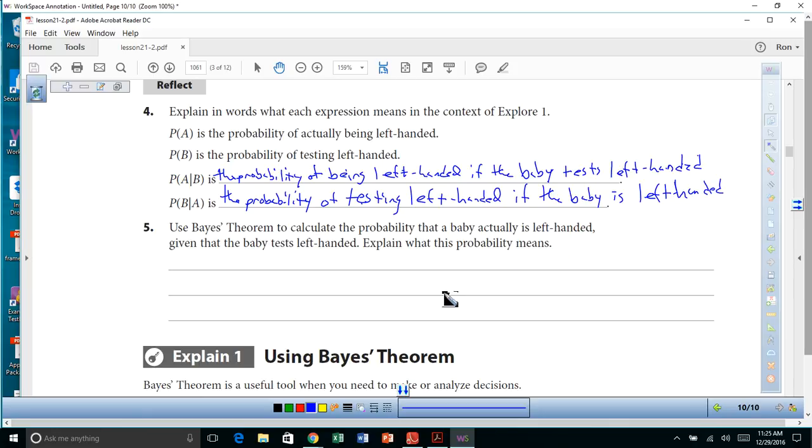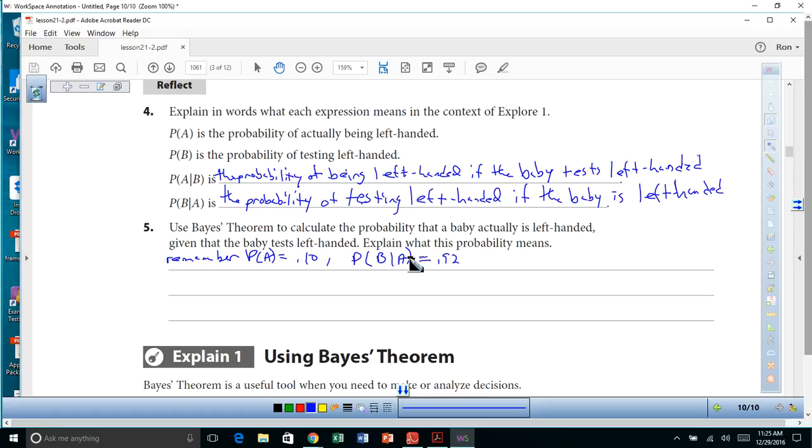All right. Use Bayes' theorem to calculate the probability that a baby actually is left-handed, given that the baby tests left-handed. Explain what this probability means. Remember, the probability of A, the probability of being left-handed, is 0.10, 10%. Also remember that the probability of B given A is 0.92.